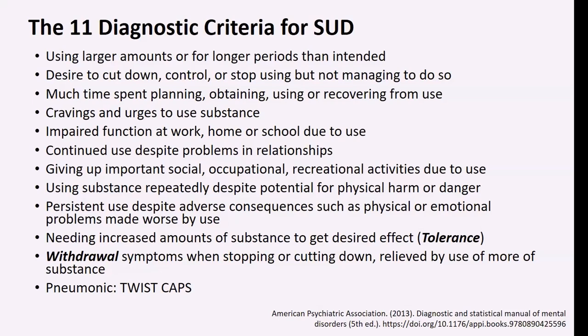Tolerance, withdrawal. I, for intended: I used more than I intended to use. S and the T, time spent. Use two letters there. Time spent: I spent too much time obtaining the substance, using the substance, or recovering from the substance.